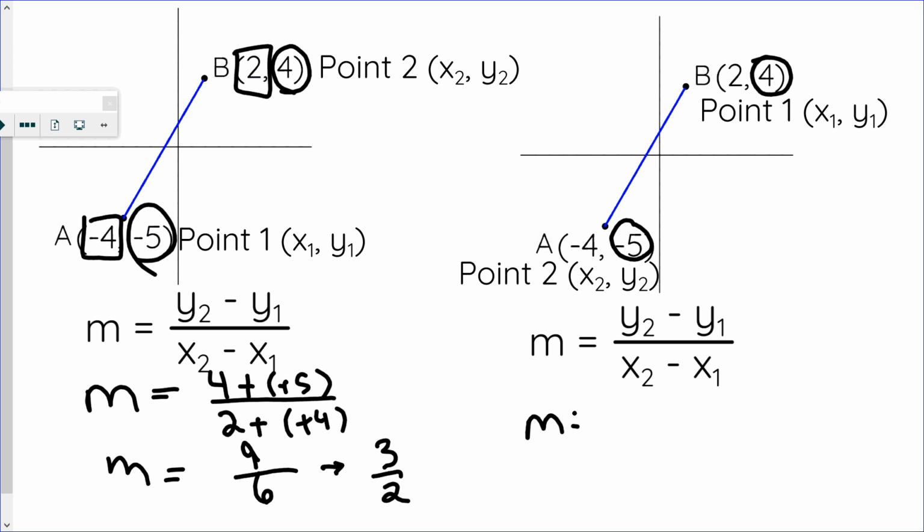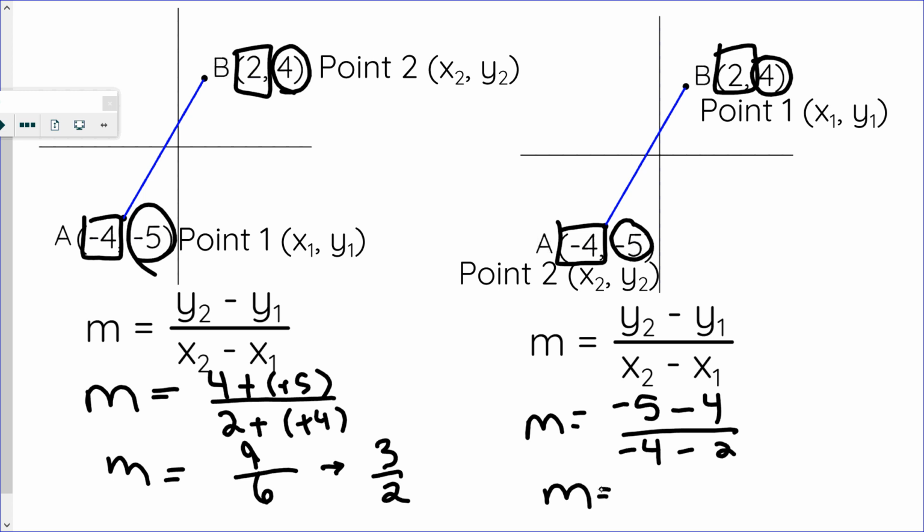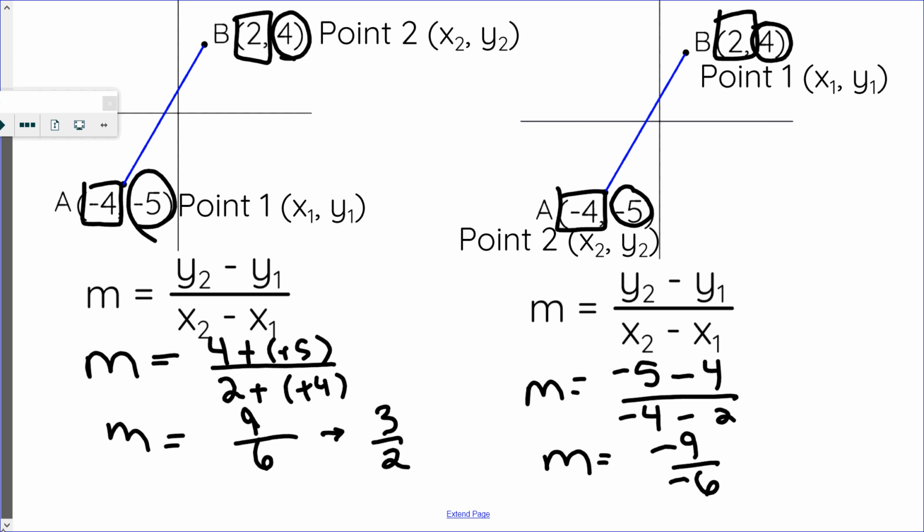So m equals y2 minus y1 over x2, negative 4, minus x1, which is 2. Well, that is just going to be negative 5 take away 4 is negative 9 over negative 4 take away 2 is negative 6. Well, 2 negatives make a positive, so I really know that that is positive 9 over positive 6, which I know from previously in lowest terms is 3 over 2.